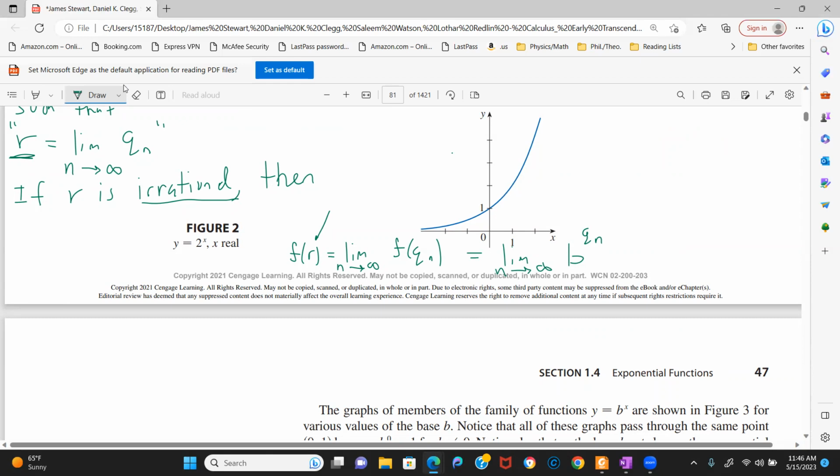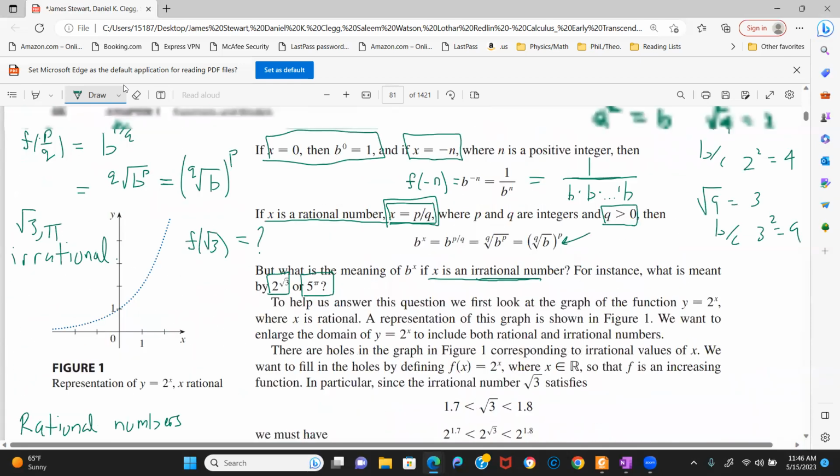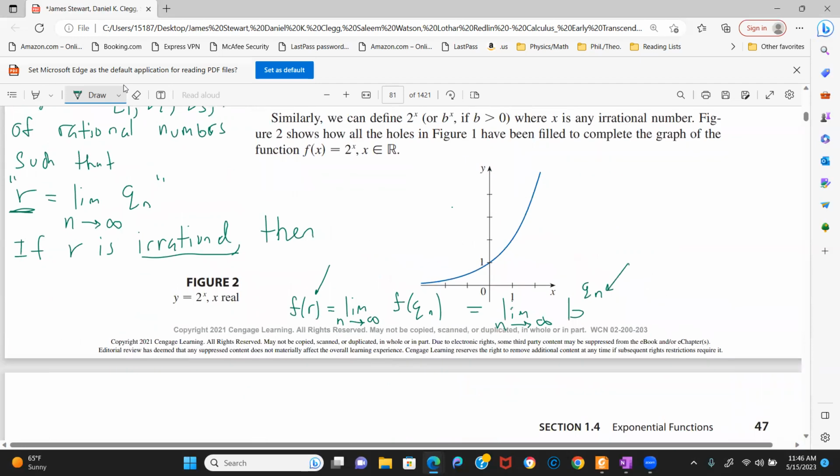Basically, you do this computation right here. So Qn is a rational number, and so we know what it means to take b to the Qn, right? We did that up here. We know how to evaluate our exponential function at some rational number. And so because we can do that, and then we can take this limit, it's like you have this sequence of numbers and they're approaching some number. And the number that they approach, it just is the limit, the number that they get closer to.